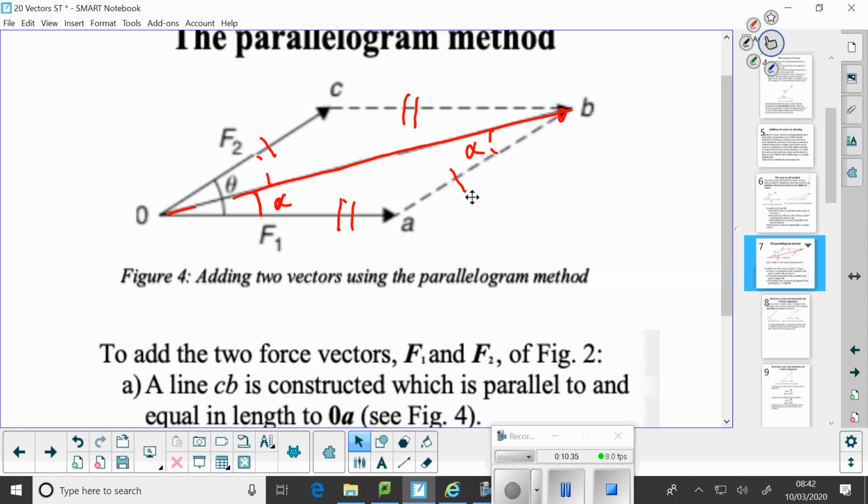So if you've got to do three, you draw the first one, the second one off the first one, the third one off the second one, and put the result in. So for more than two, the nose to tail method is quite useful.